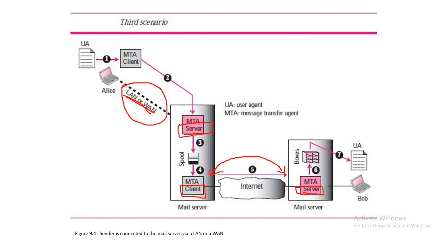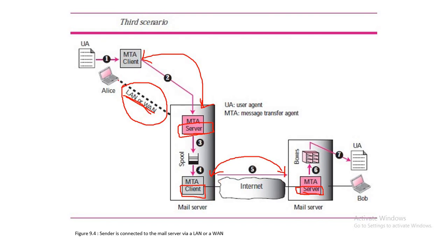Get it? So whenever again there is a client server communication at the sending side, that is a message transfer agent client of this user agent, and there is a message transfer agent server from the LAN or WAN. So this client is communicating with this server via local area network or a wide area network, whereas there is again client server communication between this email structure.